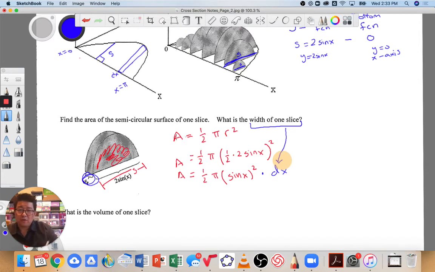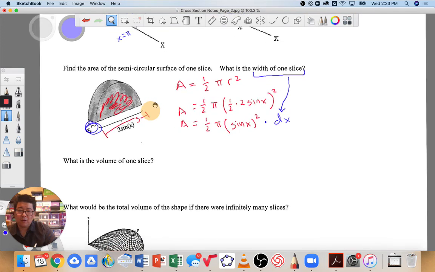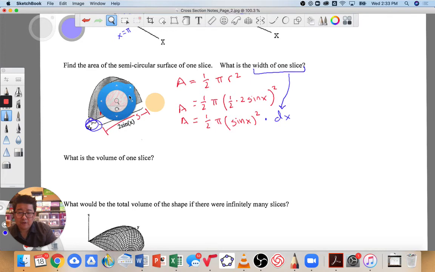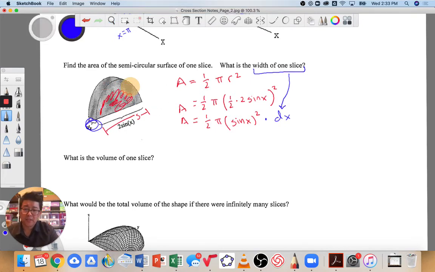Let's keep going down a little bit more. What's the volume of one slice? Well, we know that this right here is our area, and we give it a little bit of thickness. Think of it like base times height. If you have your base area and you have the height, you can find volume. Multiplying those two things together, the width and the area, will give us the volume.